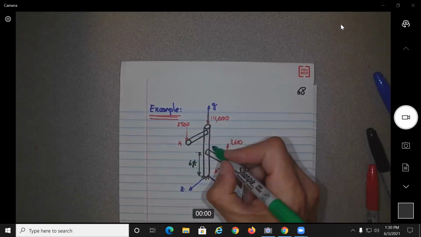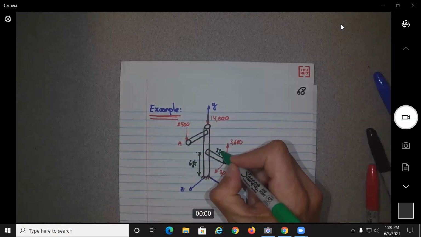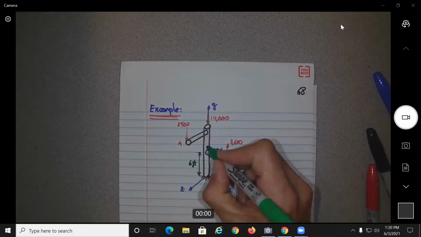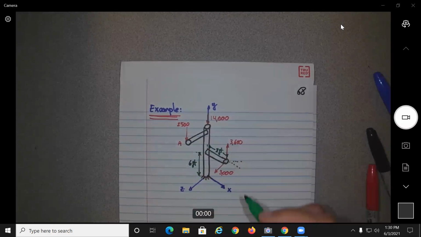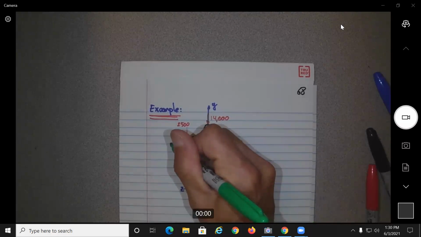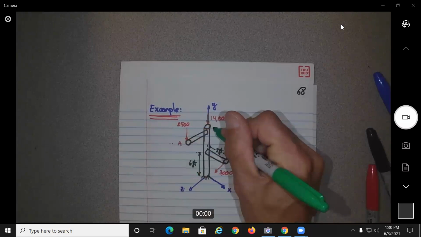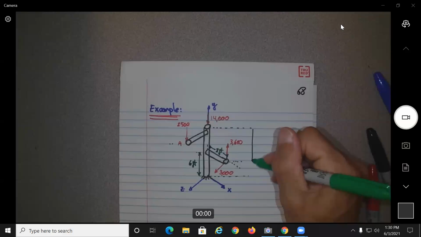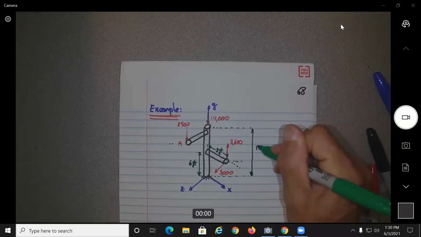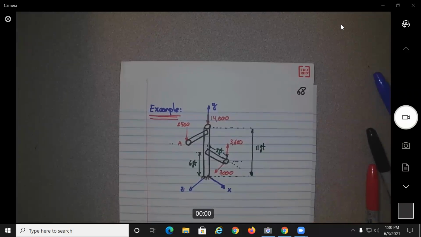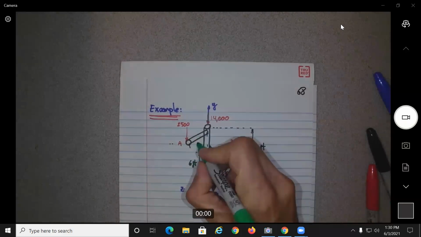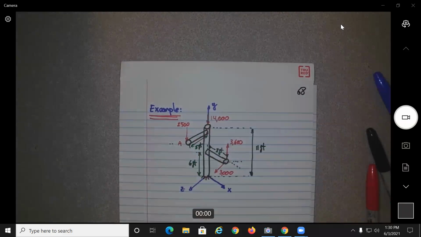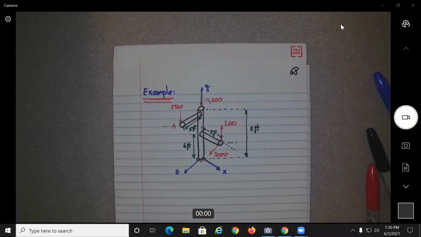Now, the length of this one here is 8 feet in length. Between here A and B, so the total height over here is 11 feet, and the length of this one is 5 feet. And I think that's all we need.